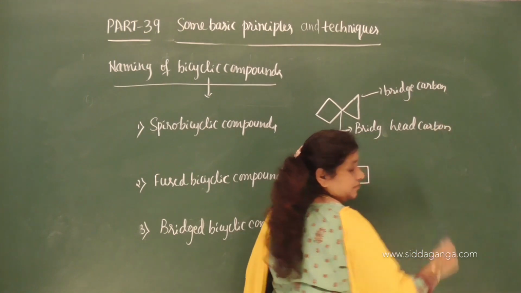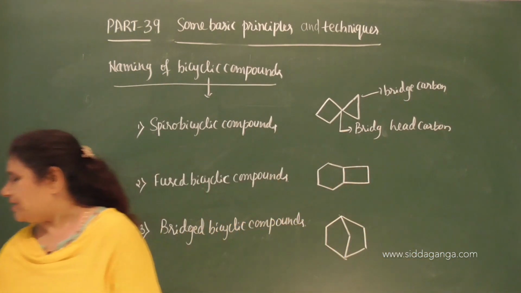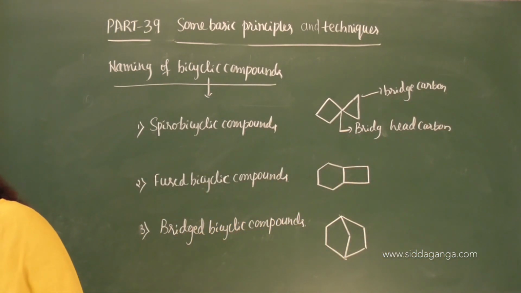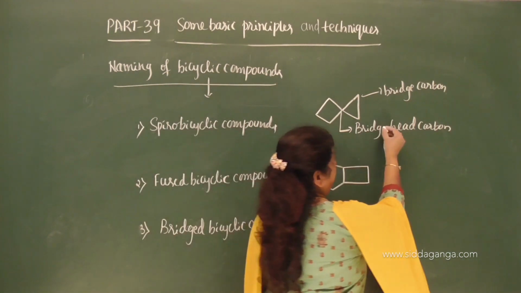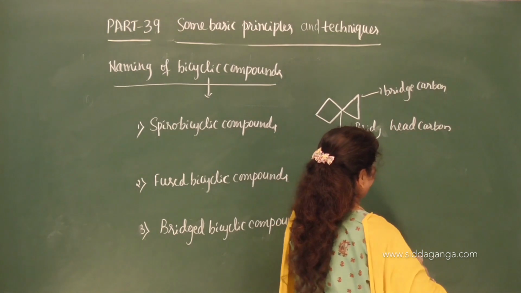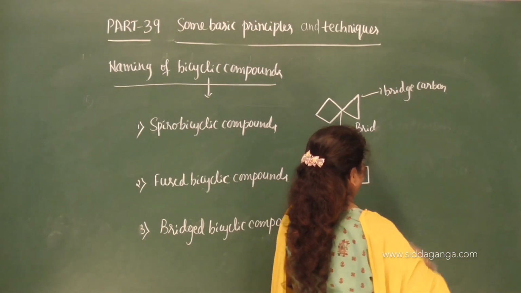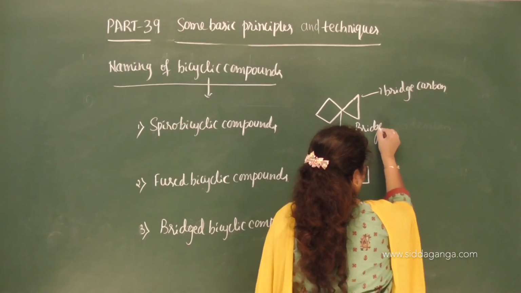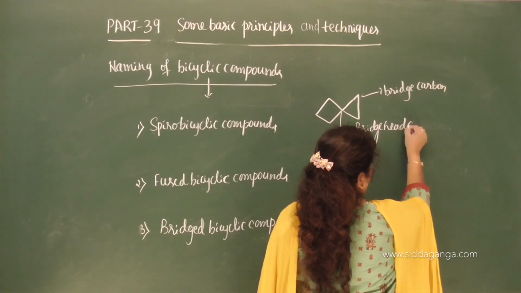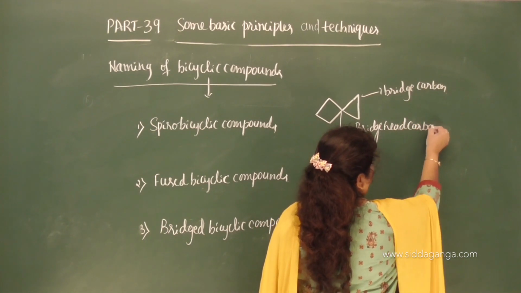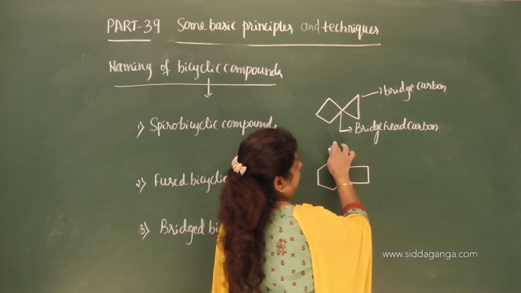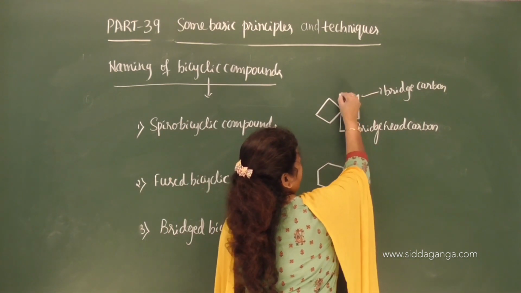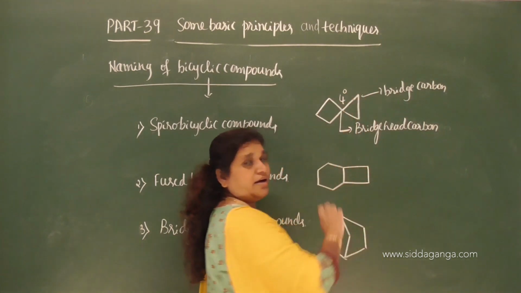Here only one bridge head carbon is there between the two cyclic rings. So, this is a bridge head carbon. Only one bridge head carbon. Bridge head carbon is between the two cyclic rings, and this bridge head carbon is quaternary carbon.